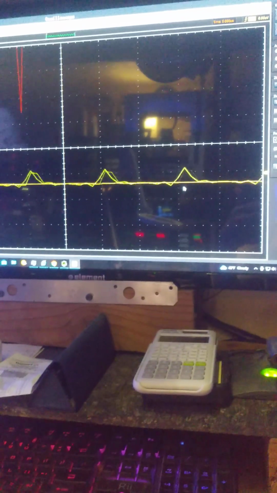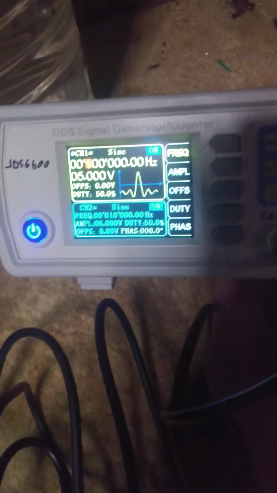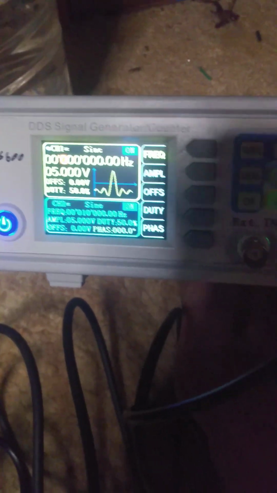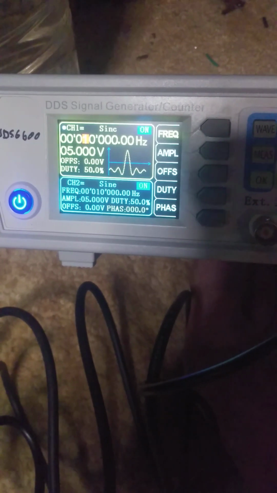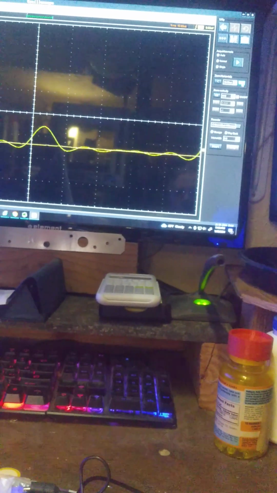I don't know about that, but let's change the frequency back down to 20 kilohertz and see what that looks like. Okay. Now, at 20 kilohertz, we're getting a pretty decent looking signal.